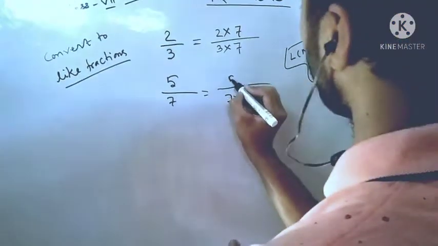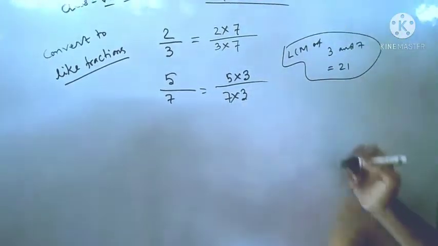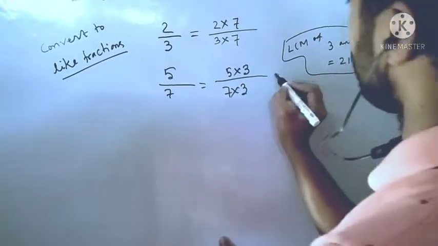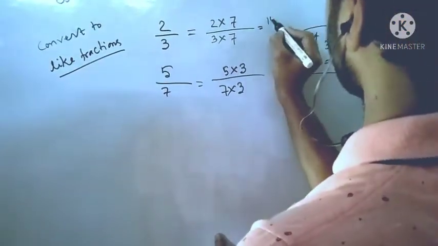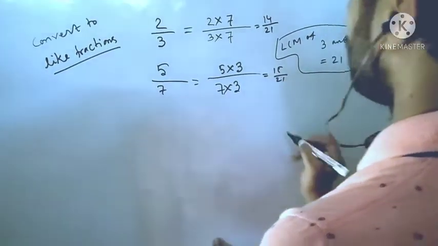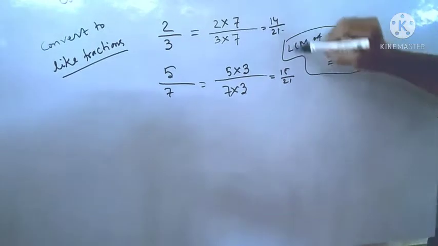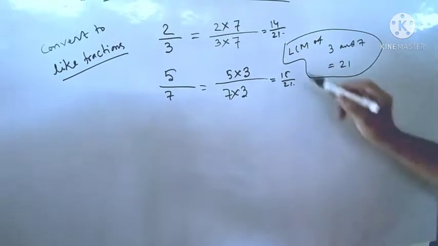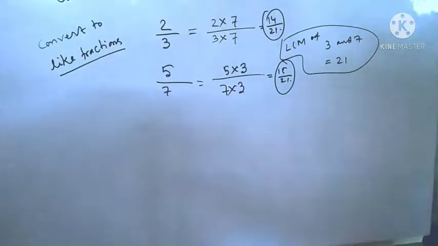So we have to multiply the numerator also by 3. So 14 by 21 and 15 by 21. Now the denominators are same, 21 and 21. Okay, so these two are like fractions.